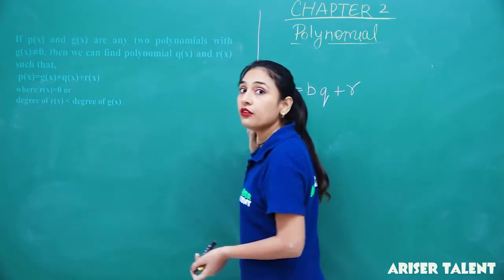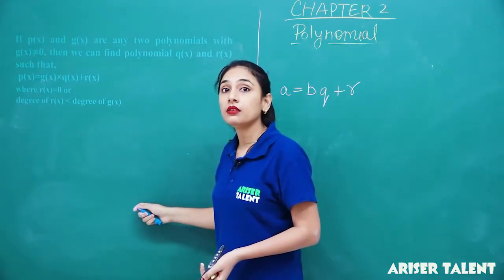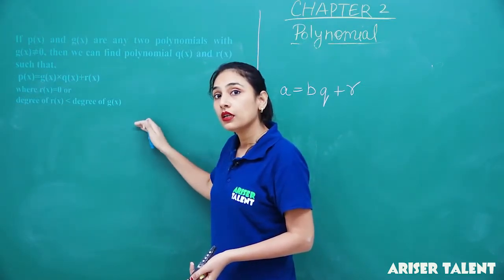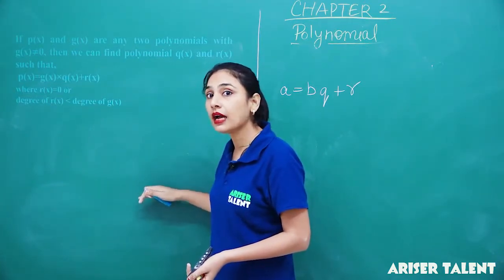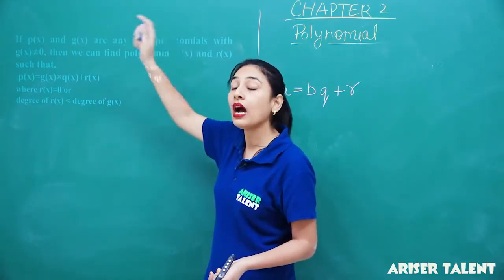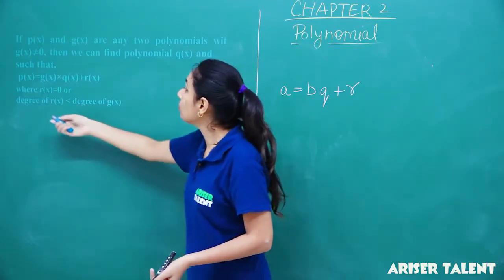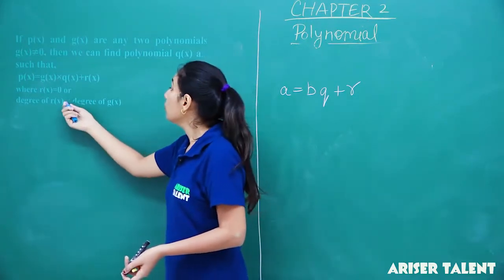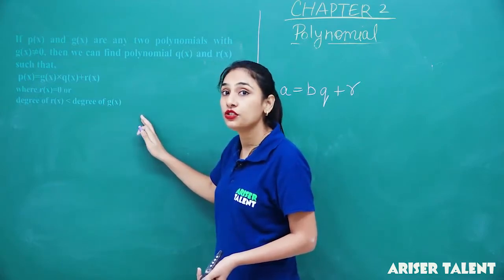Okay, in the divide process I also made you understand that the highest degree of your remainder should be maintained. If the remainder's highest degree is less than the highest degree of divisor, then you will stop the process. Okay, so degree of rx, that is degree of that remainder, must be less than the degree of gx.